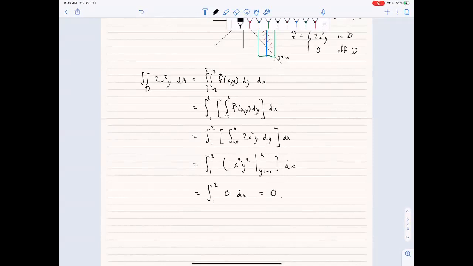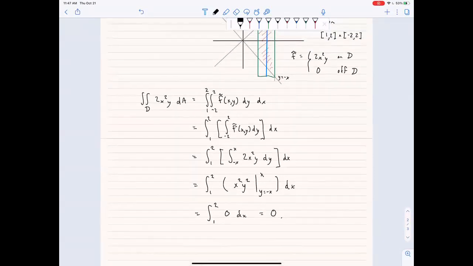So we're done. The key part isn't the evaluation of the integral. The key part is getting to this point. Okay. Questions? Okay.